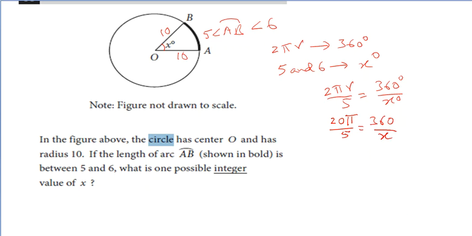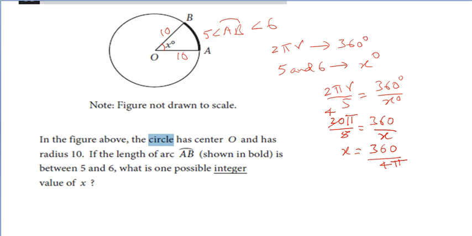So you cancel this, you get 4 pi is equal to 360 over x, or x is equal to 360 over 4 pi. That is when we are talking about the lower limit of 5.